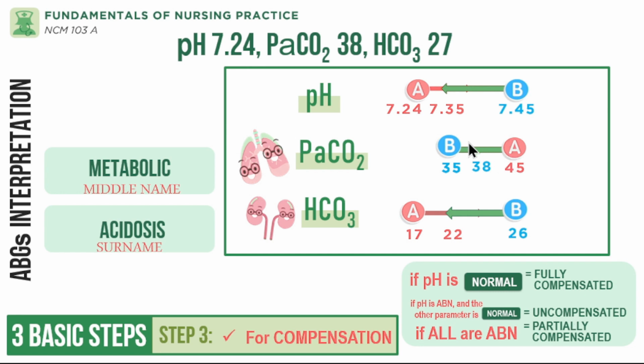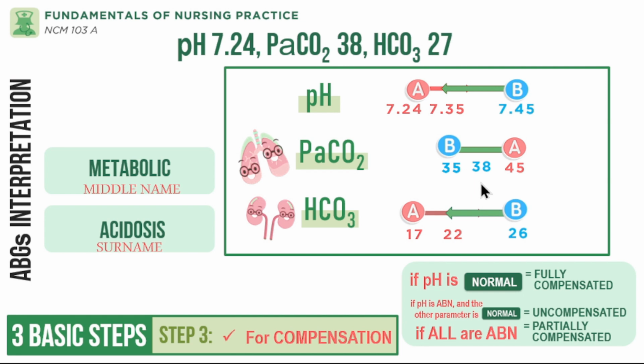Okay, if we look at the different parameters, so we have here bicarbonate. So we already have metabolic acidosis, which is already the partner for our pH for this example. So the other parameter here that we are trying to look at is our partial carbon dioxide. And our partial carbon dioxide says that the value is 38.